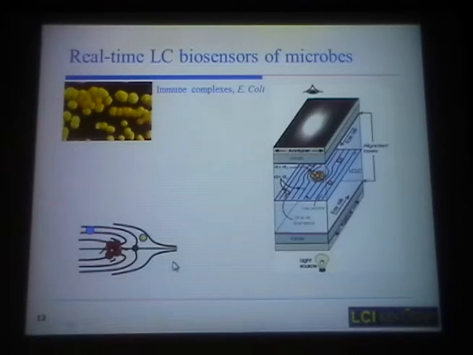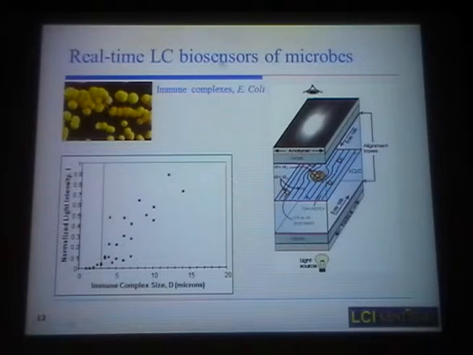And this is an illustration of how E. coli is assembled into immune complexes, and this is the experimental verification of the idea. If we have bacteria individually dispersed in the liquid crystal, we see no light transmission through this cell because the bacteria do not disturb the uniform director.